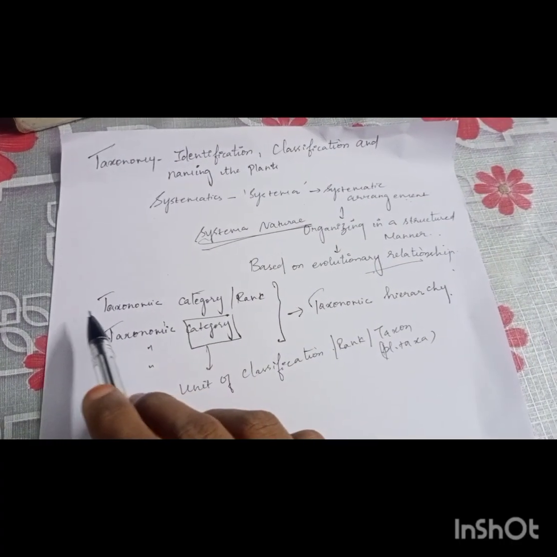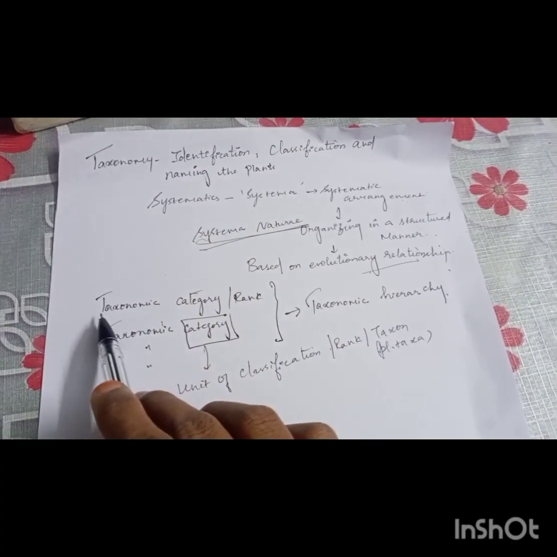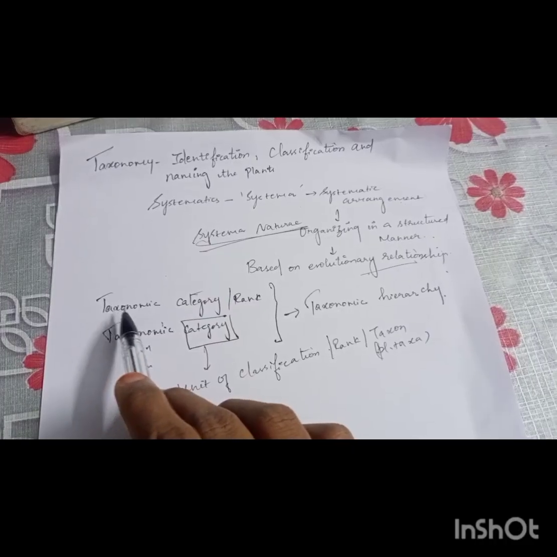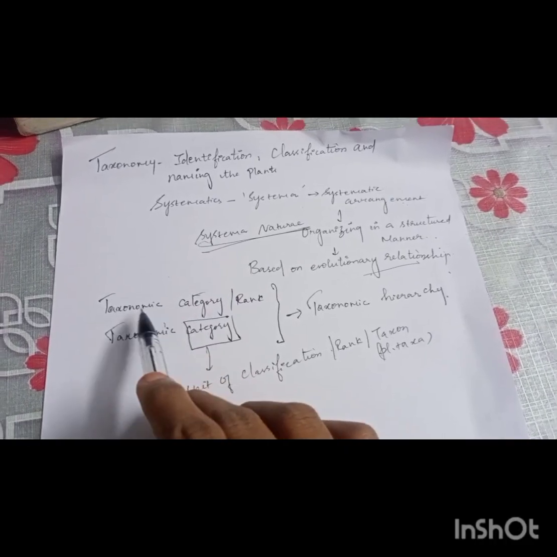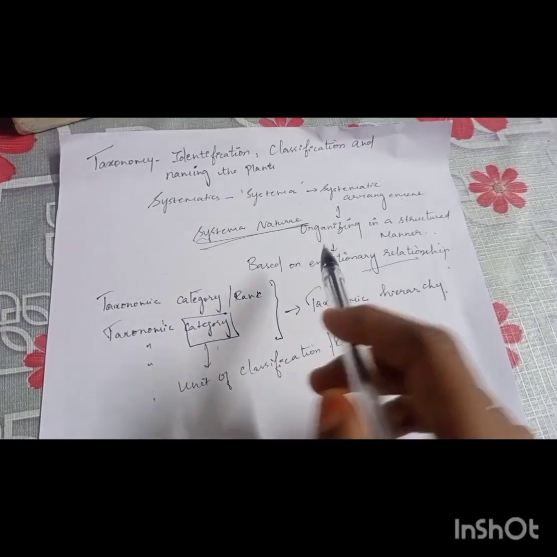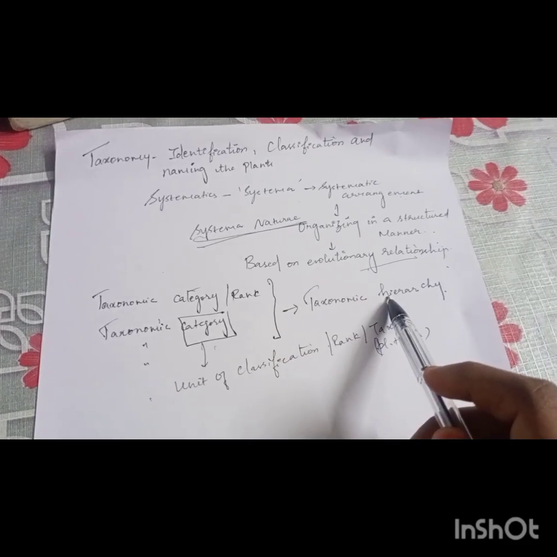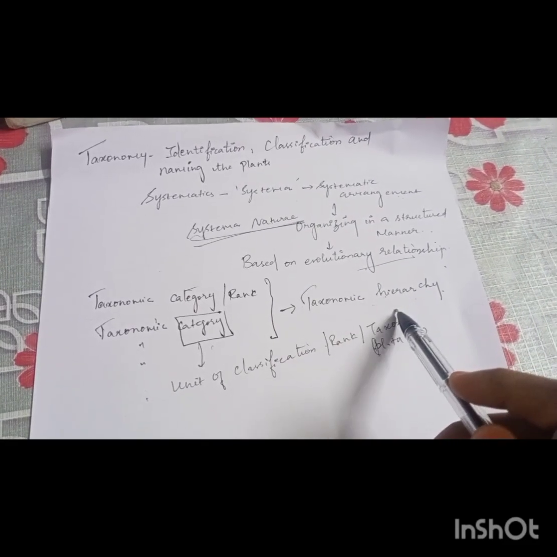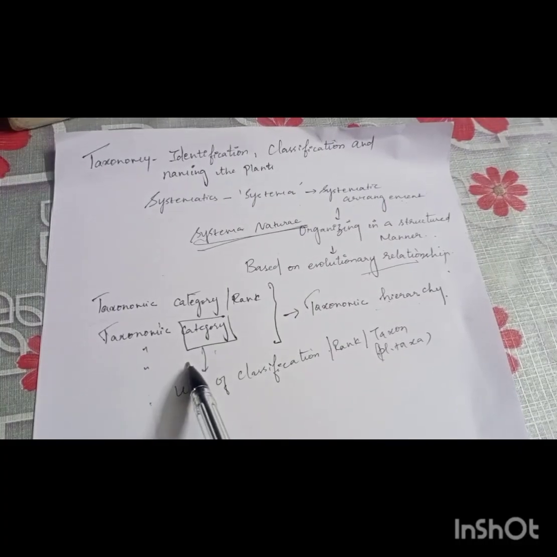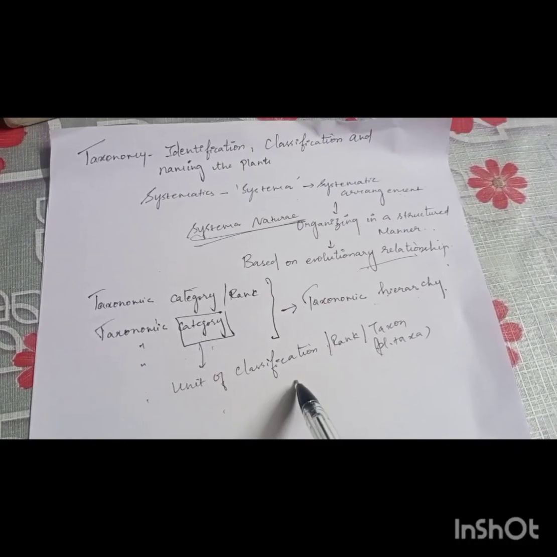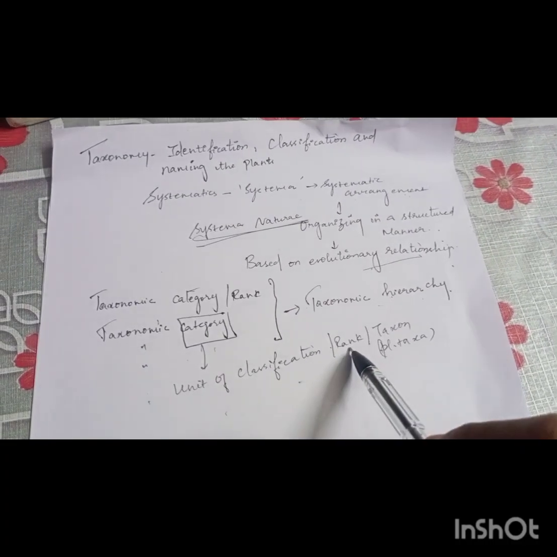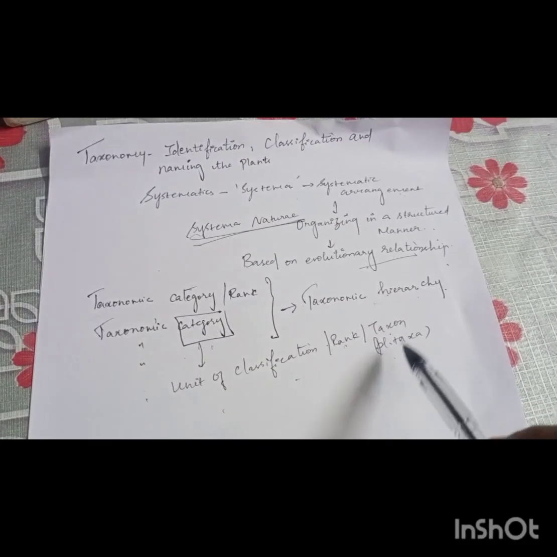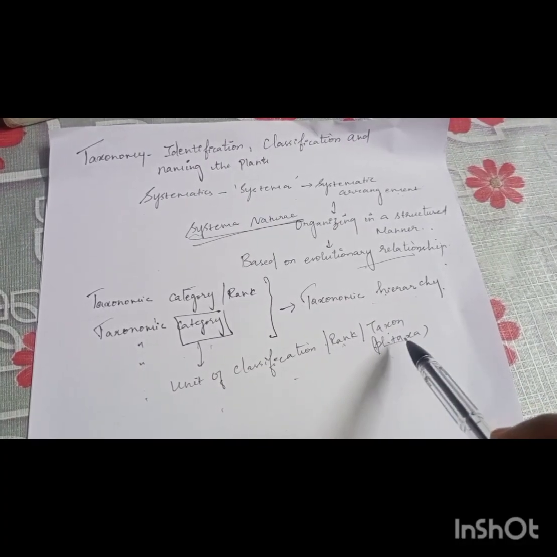So each category or each level is known as a taxonomic category, and all the taxonomic categories are together described as taxonomic hierarchy. Hierarchy is the systematic arrangement, and the category is also known as the unit of classification or rank or taxon. In plural, the taxon is indicated as taxa.